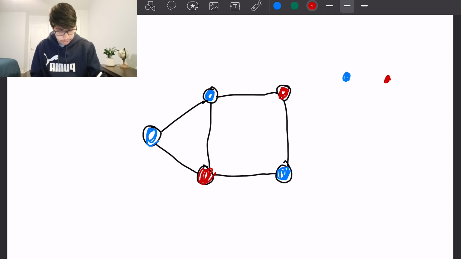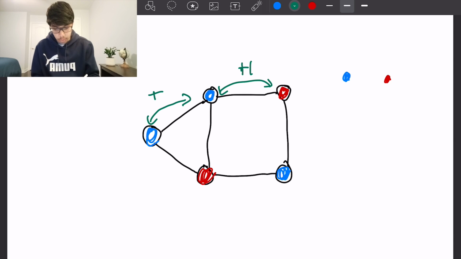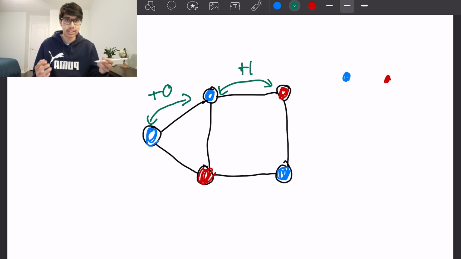So I've painted my graph, and notice that this edge has a blue and red node that it's connected to. So we would get 1 point for that. Whereas this edge over here has 2 blue nodes, and those are the same color, so we don't give any points for that. And our goal is to maximize our score.